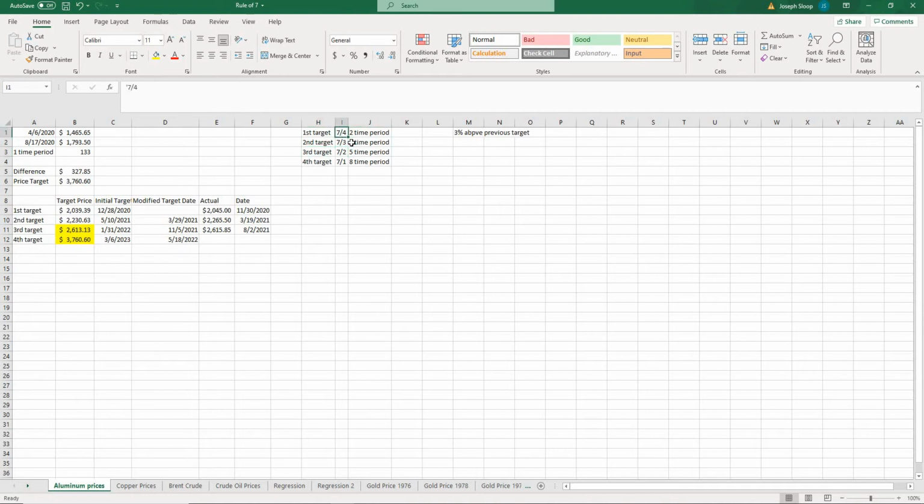So these time periods are taken into account from the initial low. So it's 2 time periods, 266 days from the low, not 133 from the peak, but they add up to be the same. And then this would be 3 time periods, then the third target would be 5 time periods, and then the last target would be the 4th time period.